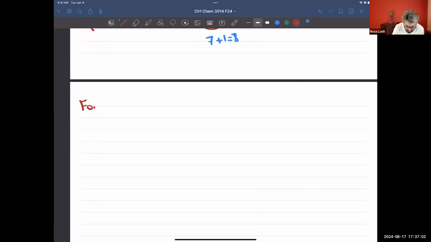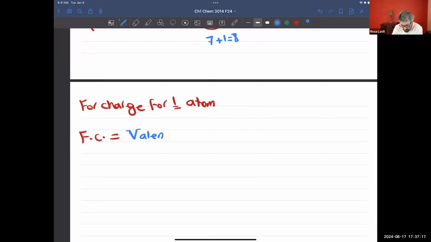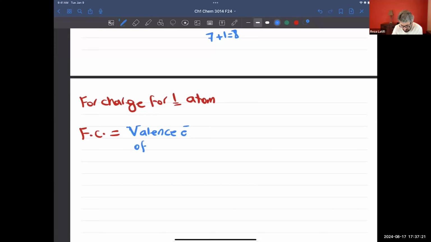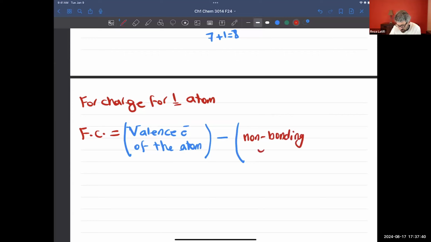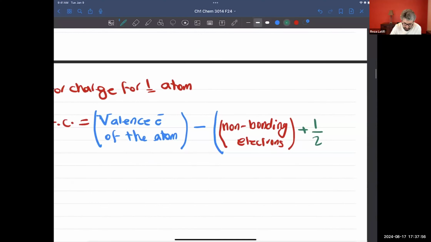The formal charge for one atom is equal to valence electrons of the atom, minus non-bonding electrons, plus half of bonding electrons.